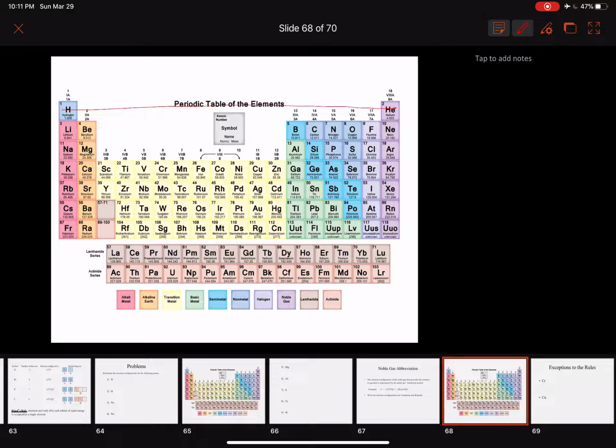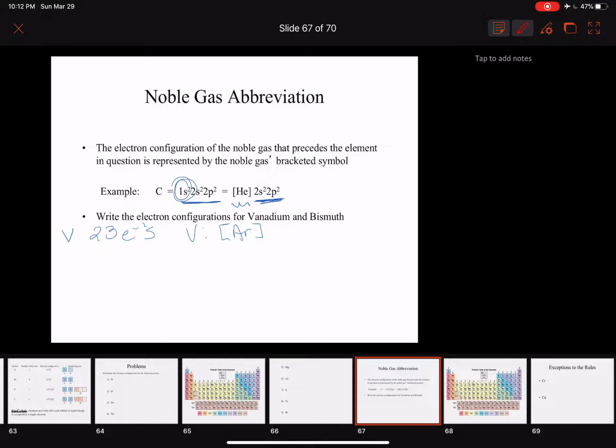So we've taken care of all of these electrons right here, and this one ends at 3p6. So in order to get to vanadium, we'll say the electron configuration of argon, and then 4s2, and then 3d3. So that saves you a little time.